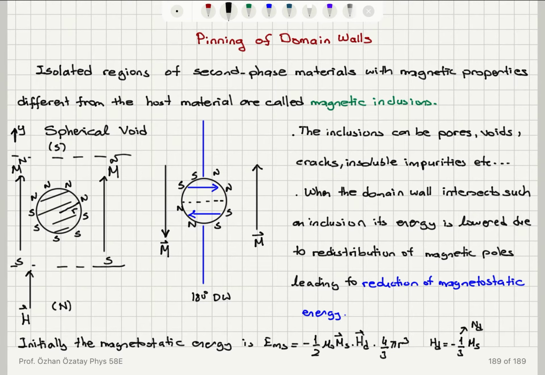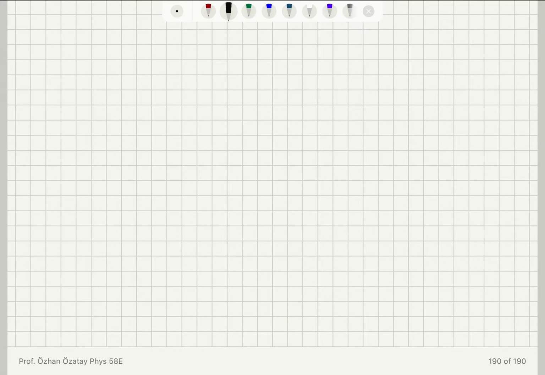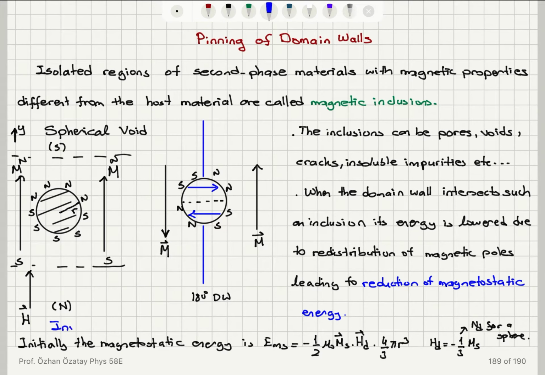This is the demagnetizing factor for a sphere. So this is a completely symmetric situation. Then I will find that the magnetostatic energy initially is 1 over 2 mu 0 times 4/3 pi r cubed M_s times M_s over 3, which is 2 over 9 mu 0 pi r cubed M_s squared. Now this is the initial situation.